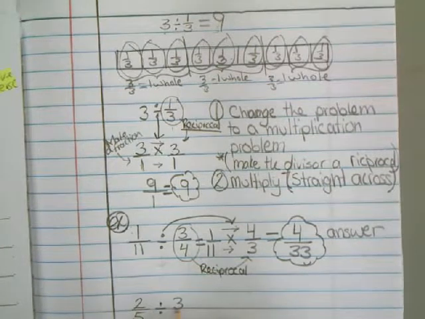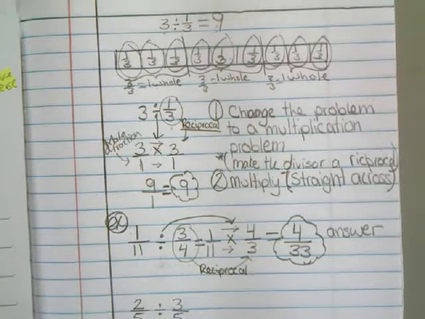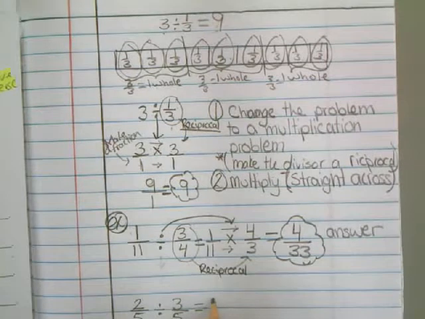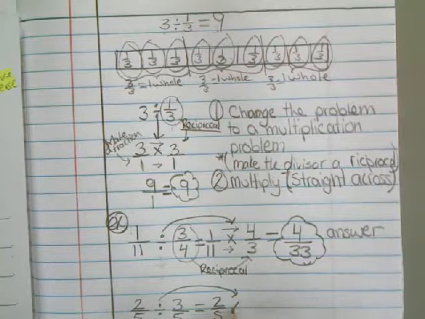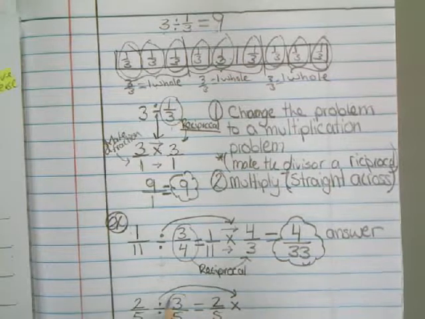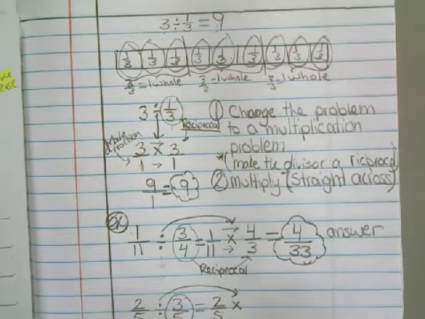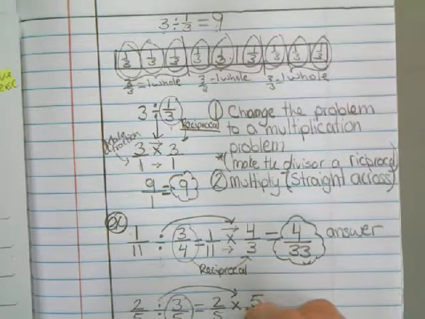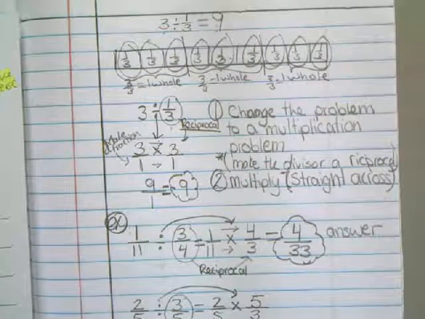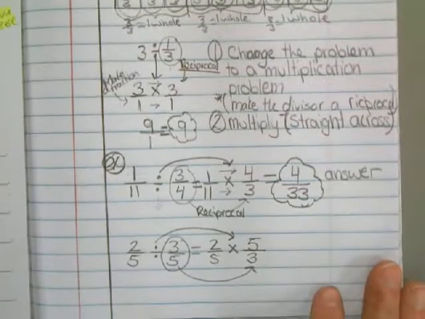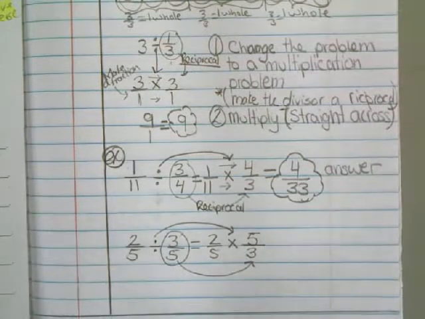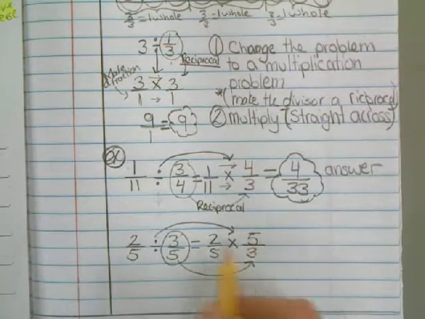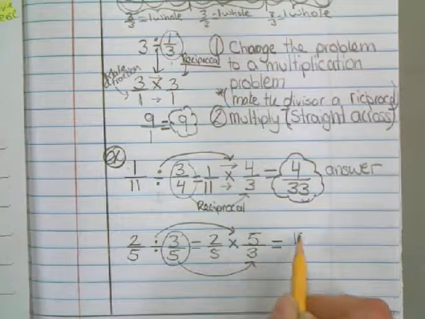Okay, so again, we take the 2/5, make that into a multiplication problem, so it's going to be multiply, and then the 3/5 is going to be the reciprocal, so that's 5/3. Okay, multiply straight across, 2 times 5 is 10, and 5 times 3 is 15.